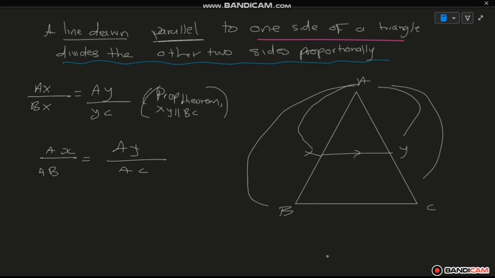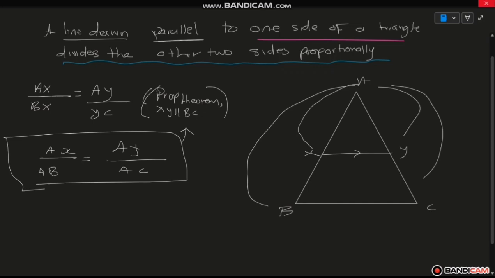You can still use it in this way. Then you write the reason, proportionality theorem, then you show us the lines that are parallel to each other. This will never be written if XY and BC are not parallel. I hope you are following. This is a very, very important thing for you guys to note.